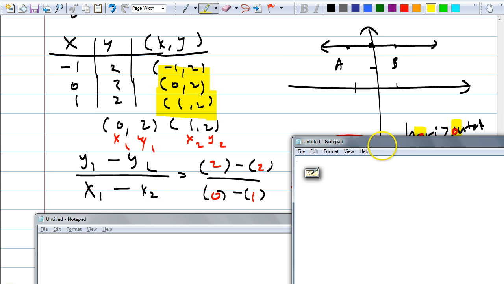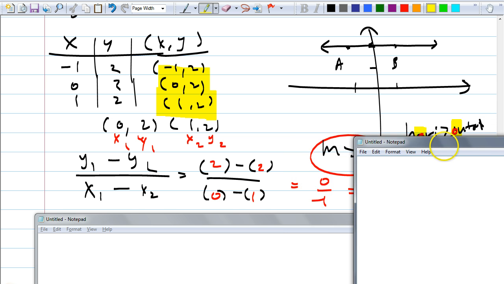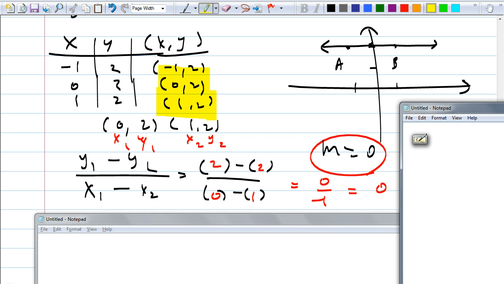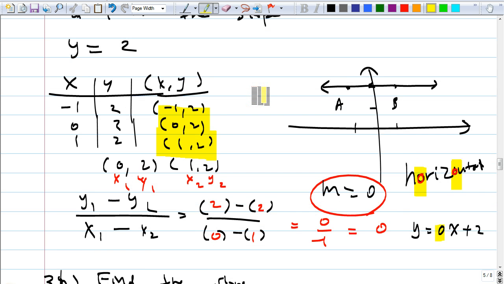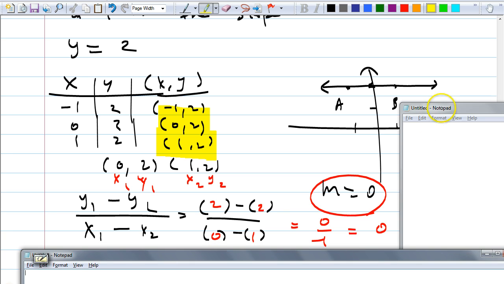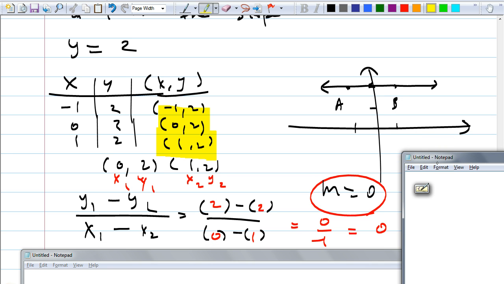So, guys, did you all get 0 on the numerator? Turns out, whenever you have y equals a number, why do you think the slope of this line is always going to be 0?